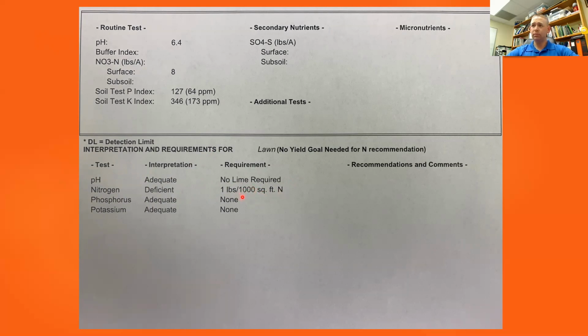So a question I get is, how do I know how many 1,000 square feet my yard is? Well, you can go to the county assessor's office and look on land records and find out what fraction of an acre your lot is if you live in town, or how many acres.